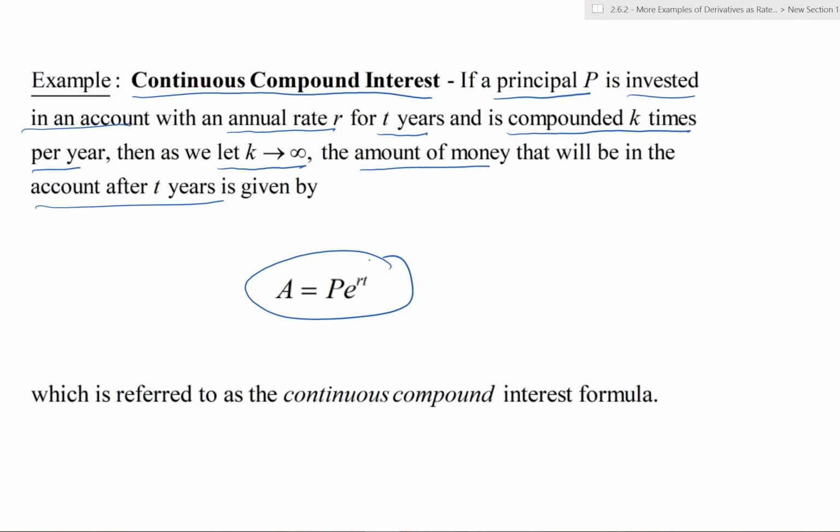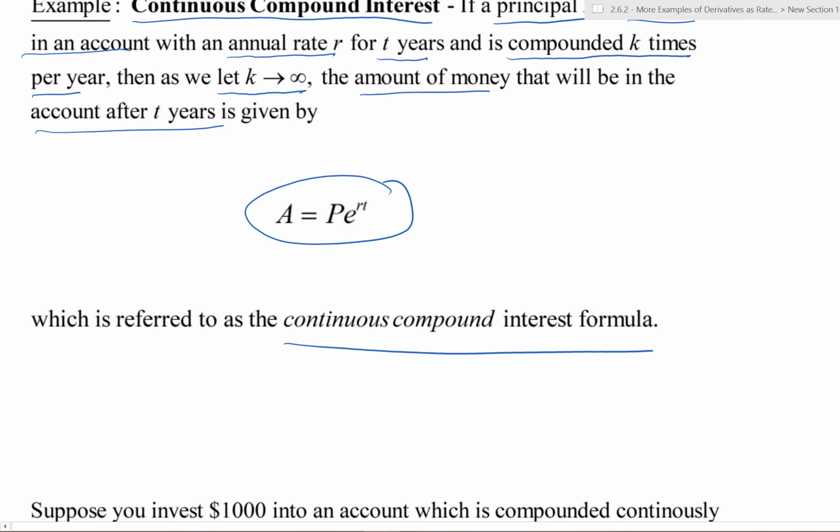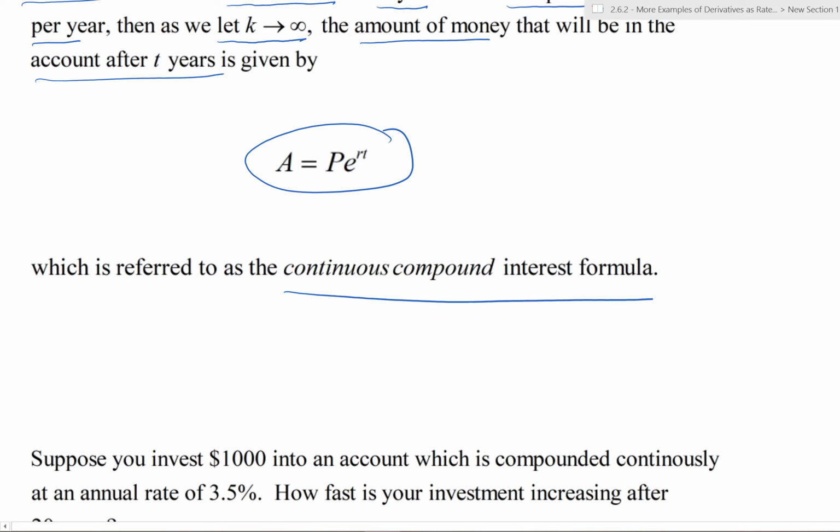So that is our continuous compound interest formula, and hopefully you've seen it before, but just kind of reminding ourselves of this. So we've got an exponential function here with base e, and we could do stuff then.